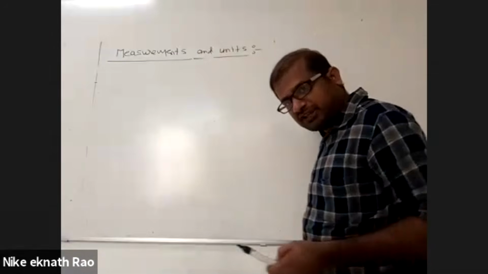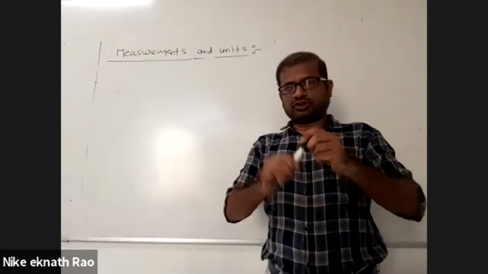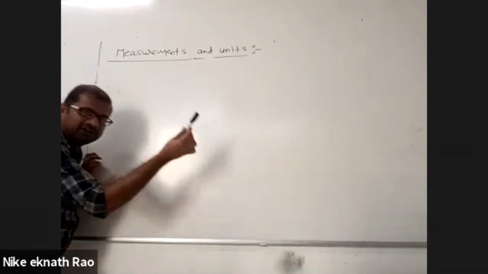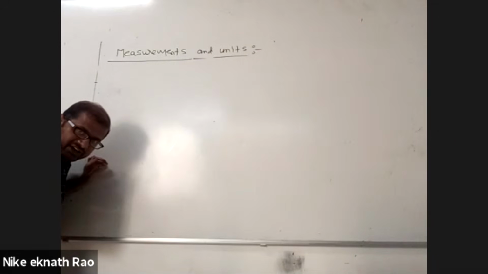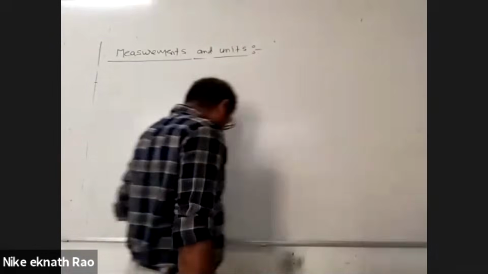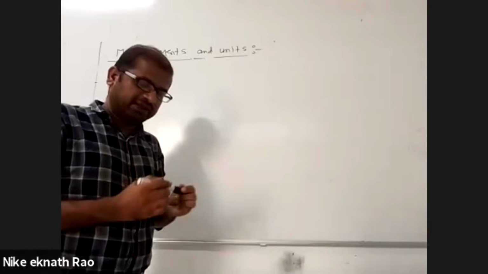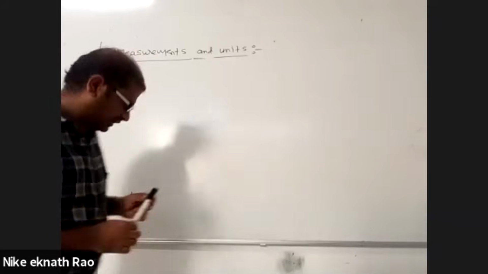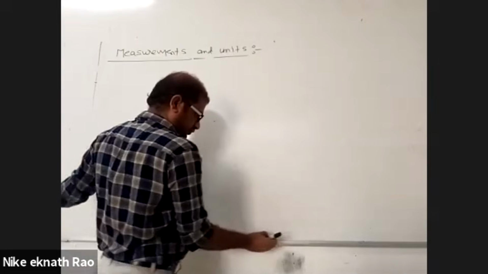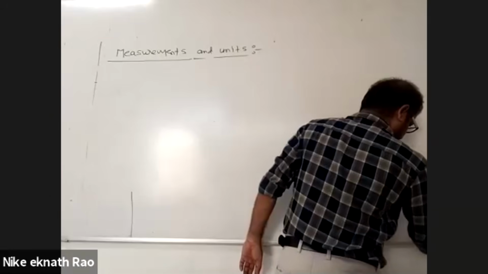For example, if I ask you to measure the length of this particular whiteboard, what do we do? This is a scale, for example, a known quantity. The scale is 30 centimeters. I will take the standard scale and start from this side, and you just go on saying 1, 2, 3, 4, 5, 6, 7, 8, 9, 10.